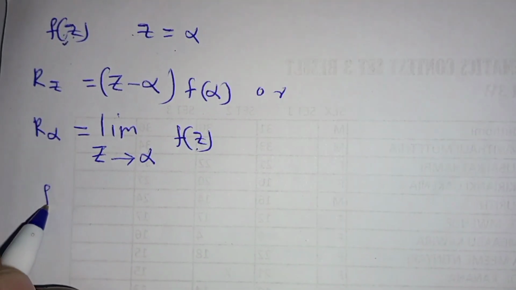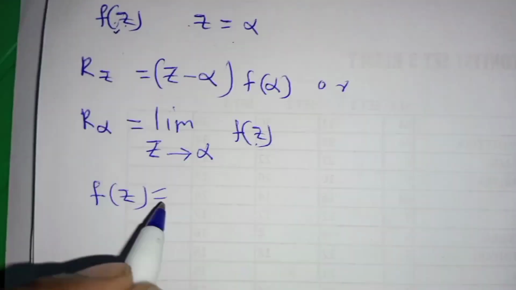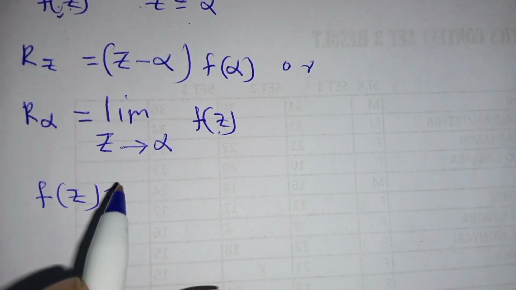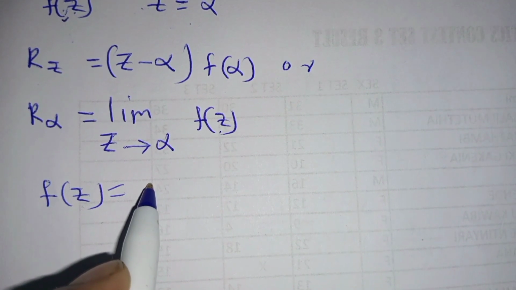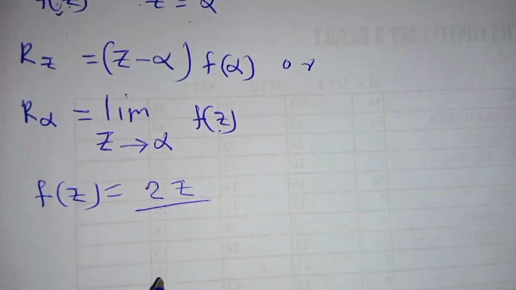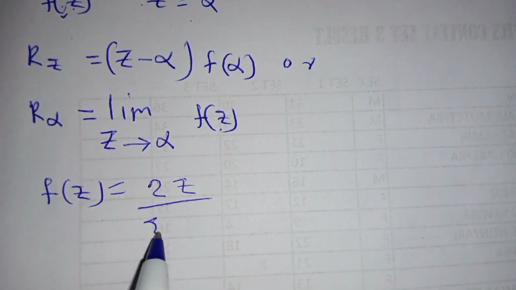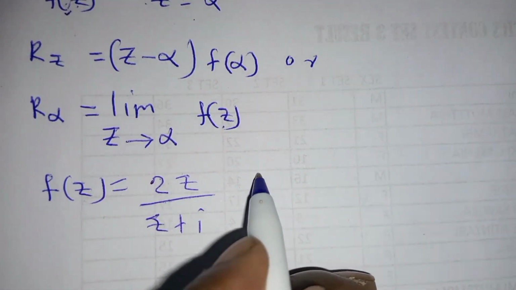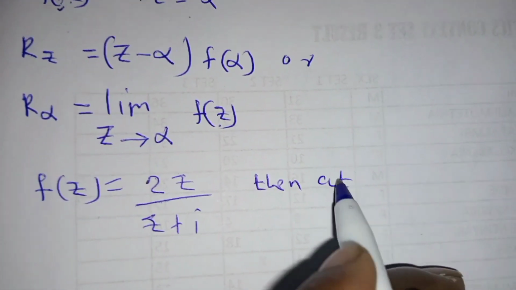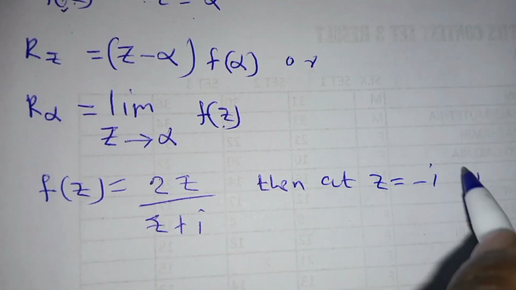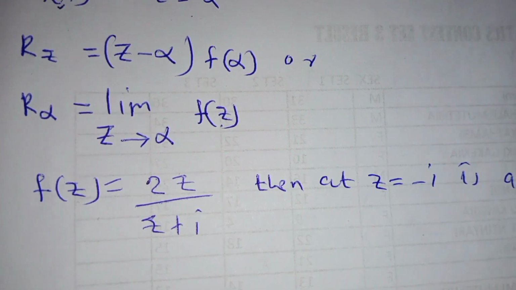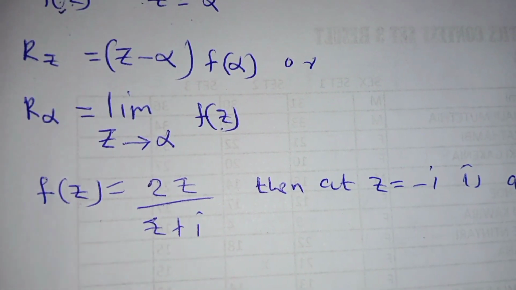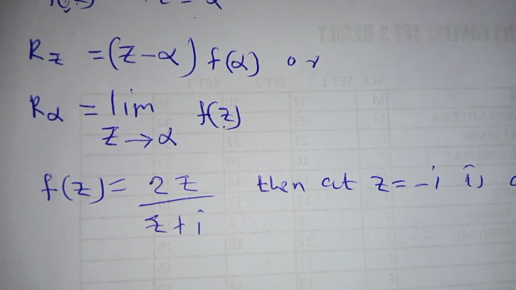Here you are given f of z is equal to 2z divided by z plus I. Now the pole here, at z is equal to -I, is a simple pole. It is very clear there. It can be seen that it is a simple pole.